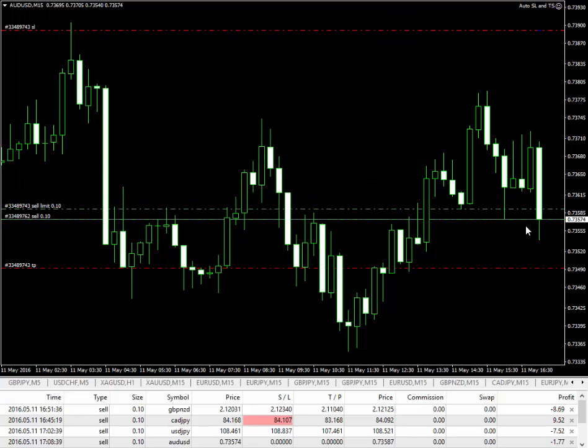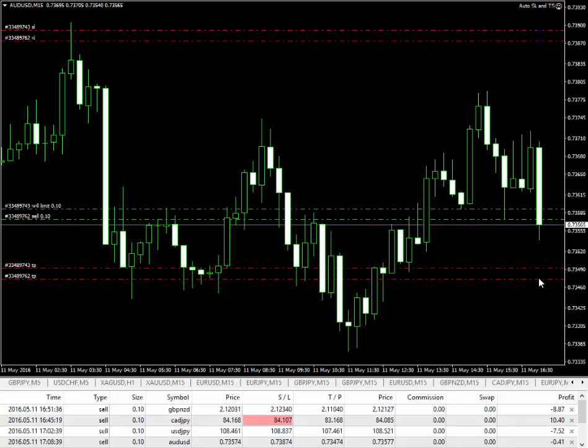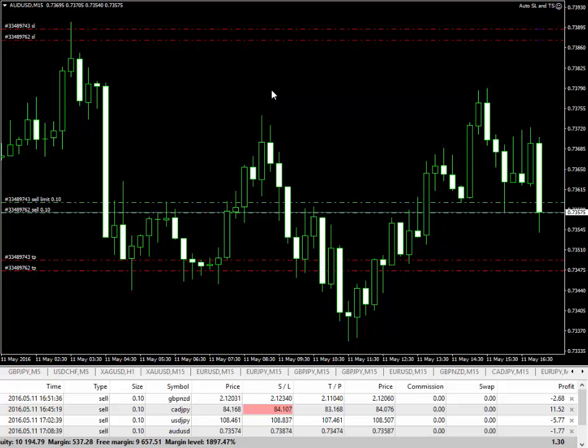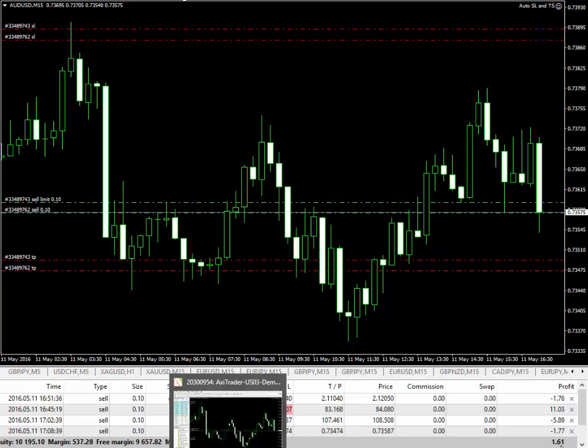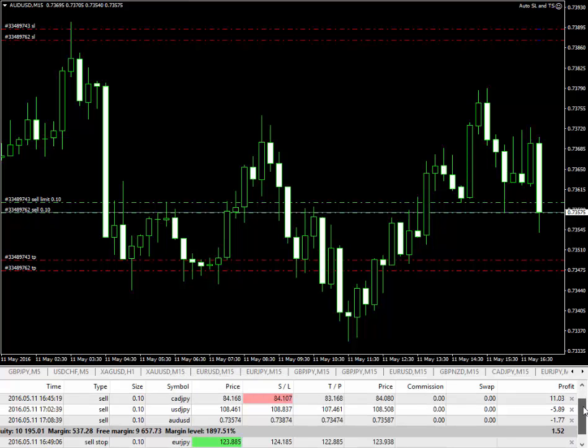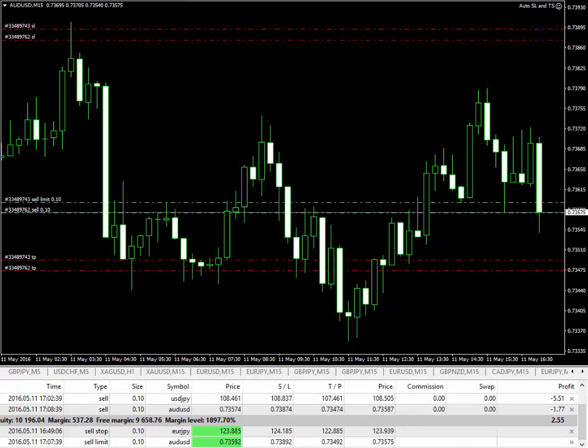Okay, your sell order is filled in. Now you'll get your take profit automatically, and there's your take profit and your stop loss. So these are the 4 trades which are running, and there are 2 pending orders here.